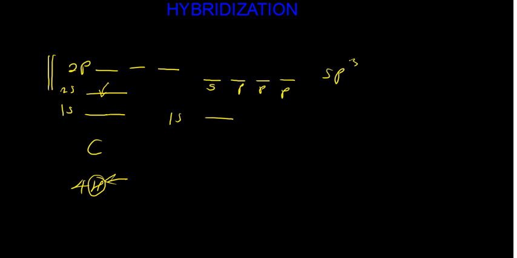If we write the electron configuration, this is 1s, that is sp3. Carbon has only 6 electrons, so that is 1, 2, 3, 4, 5, 6.